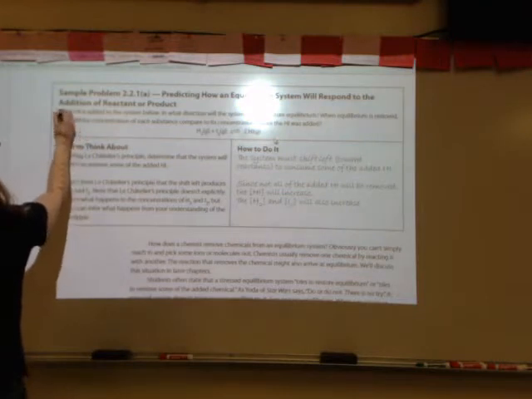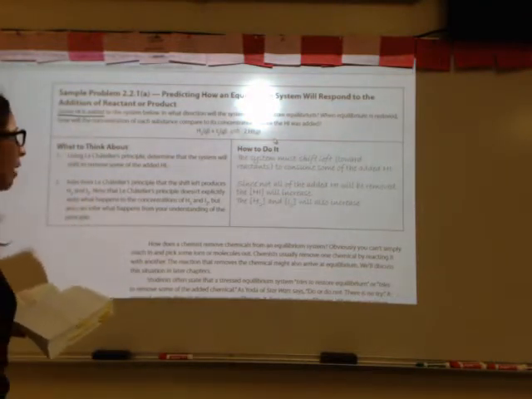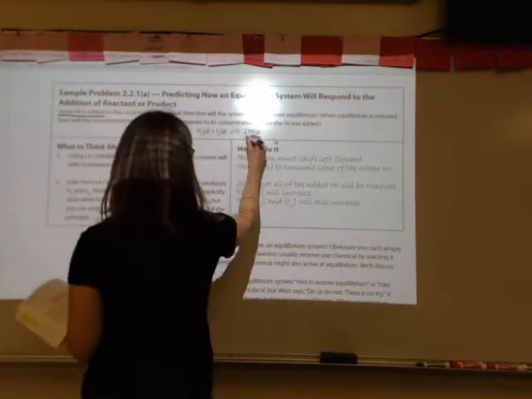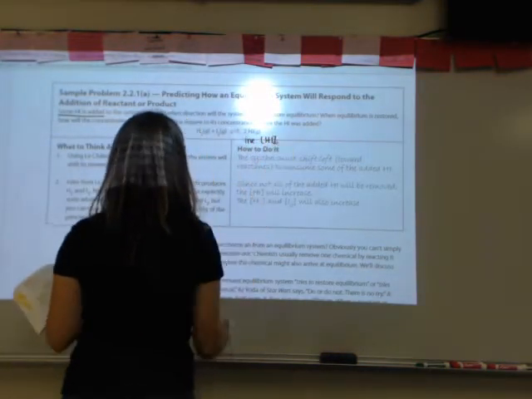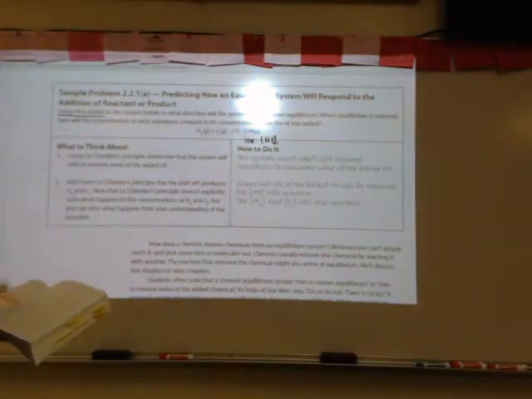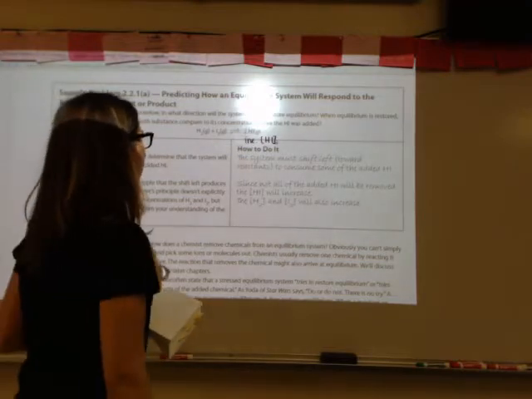It says some HI is added to the system below. So that means we are increasing the concentration of HI at equilibrium. So we are disrupting it. In which direction will the system shift to restore equilibrium?